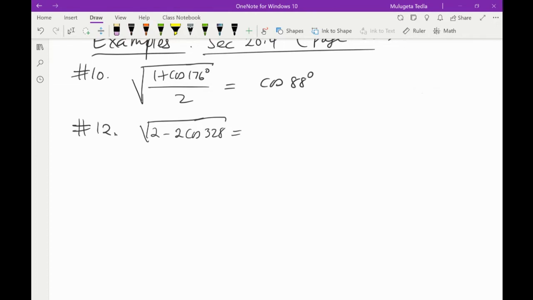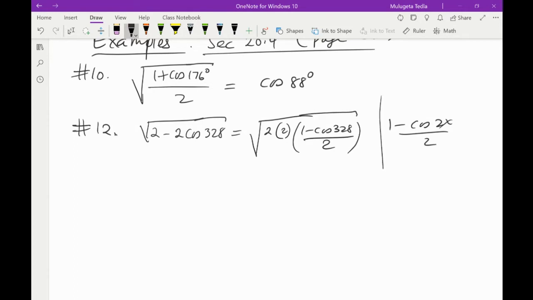If I want to make it in the shape of, in the radical, 1 minus cos of 2x over 2, I have to factor the 2 up front, multiply by 2, 1 minus cos of 328 over 2. I would do this because I want something over 2 to change it into the half angle formula. And then the square root of 4 is 2.